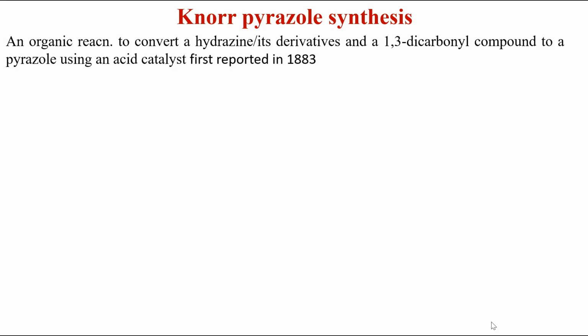It is an organic reaction in which a hydrazine or its derivative reacts with a 1,3-dicarbonyl compound to give a substituted pyrazole ring system in the presence of acid as a catalyst. This was first reported by Knorr in the year 1883. That's why it has been named after him.